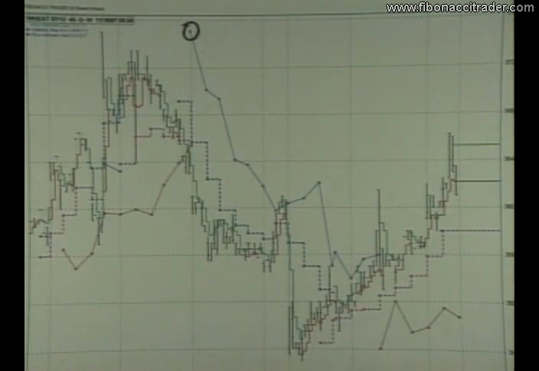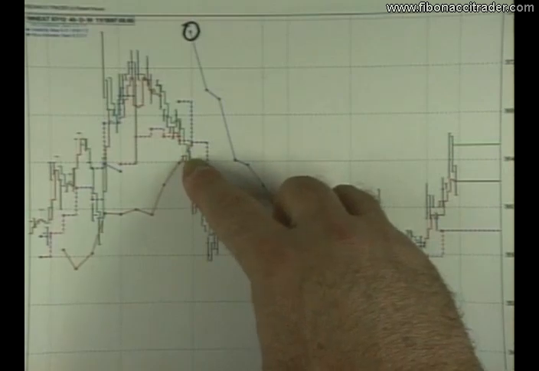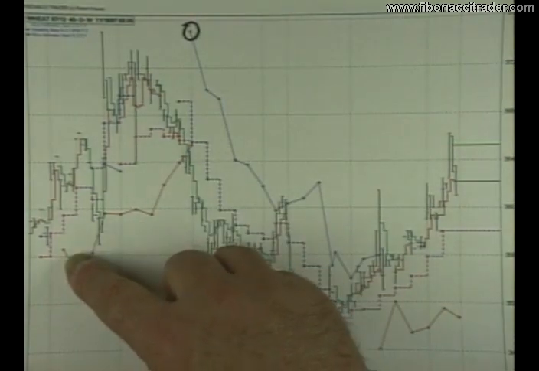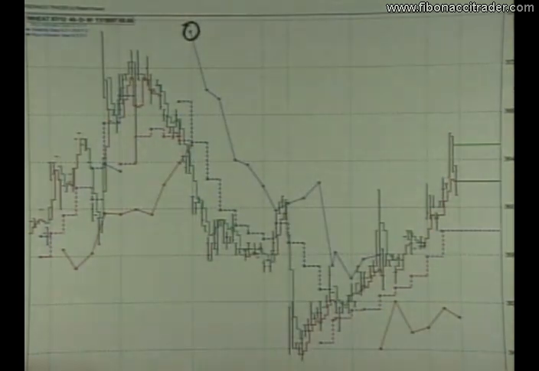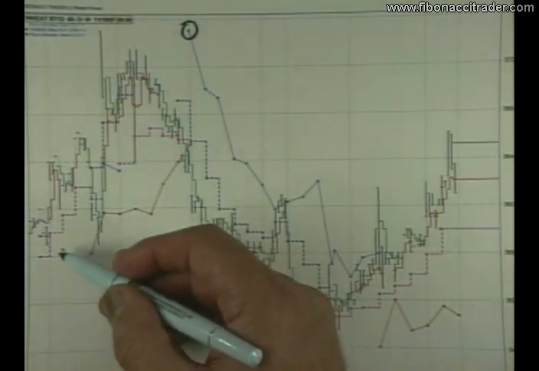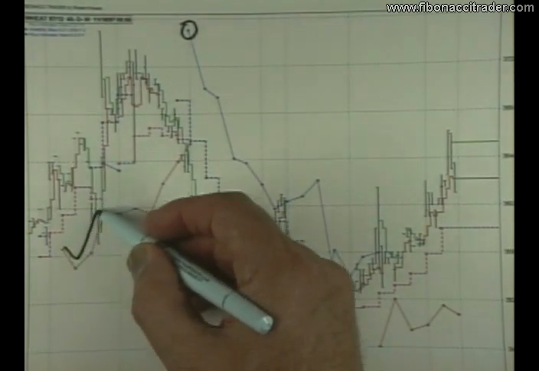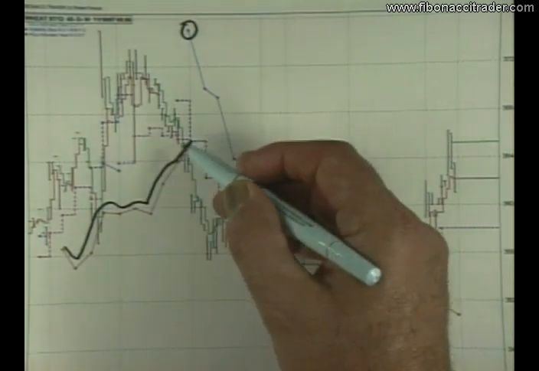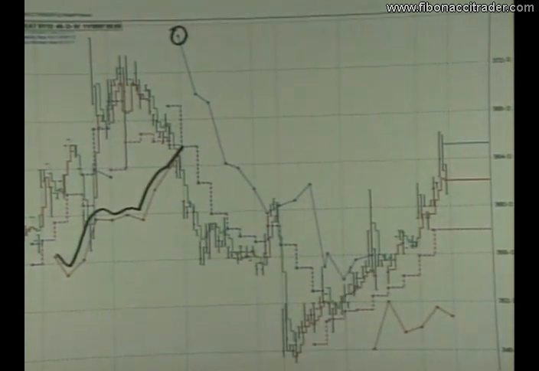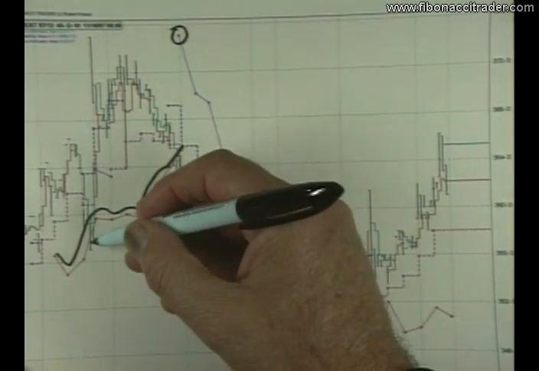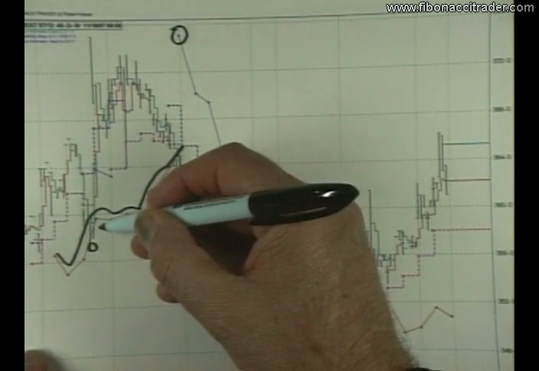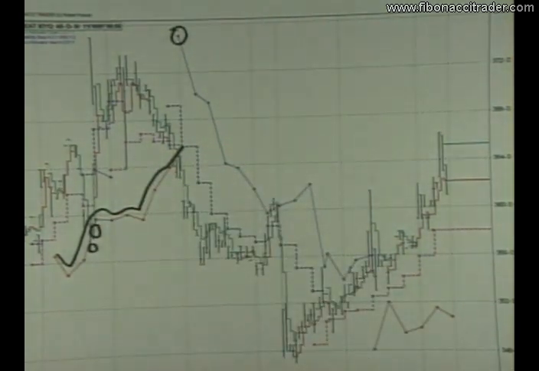We need a daily close below the sell point here. In other words, what it is saying is this line here from this point kept you with the direction, and even though this went below it and this went below it, this was not on a daily basis.